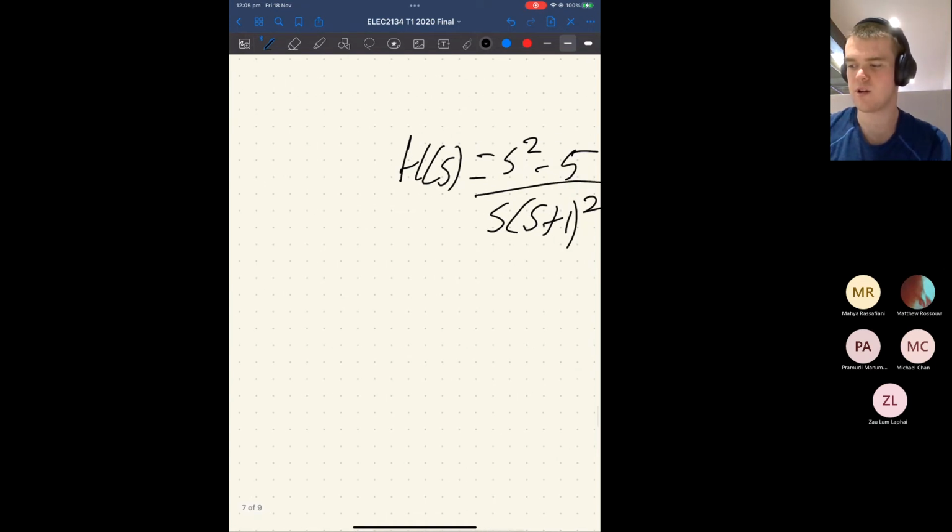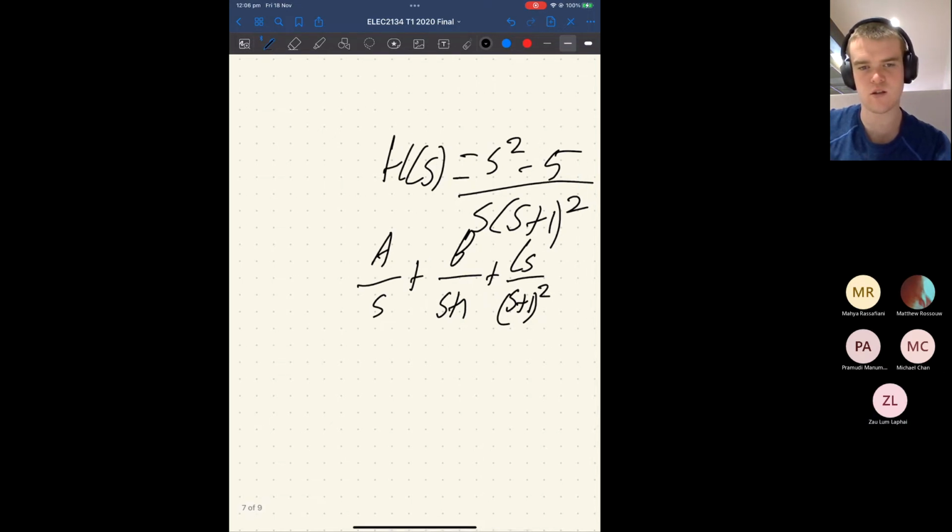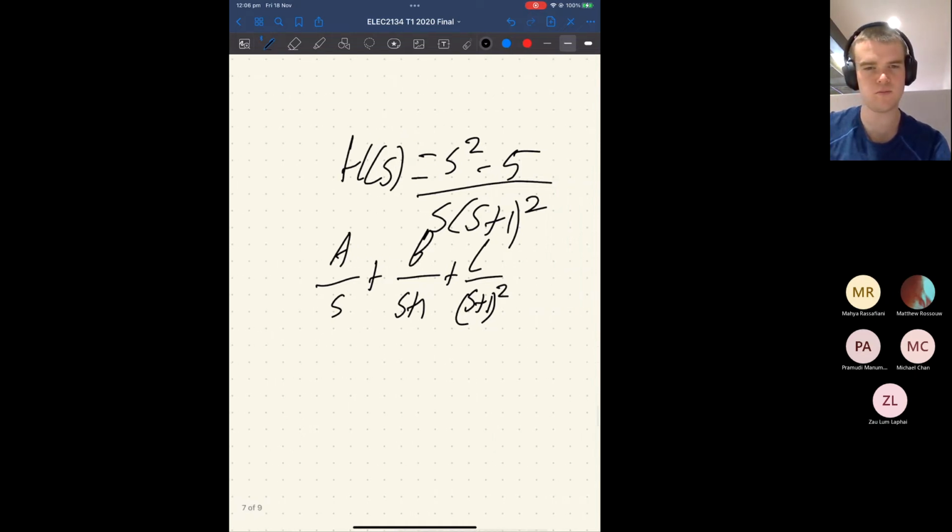Partial fractions, very good. So we're going to have some form of A on s plus B on (s plus 1) plus C on (s plus 1) squared. Is that correct? Or is there more to this, B and C? I'm thinking it should just be C. Does that look familiar?